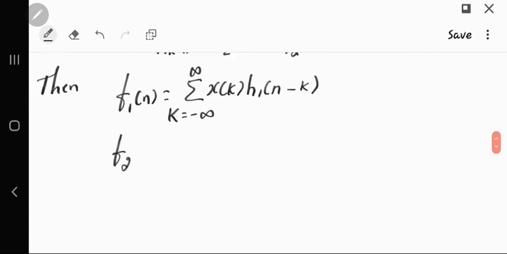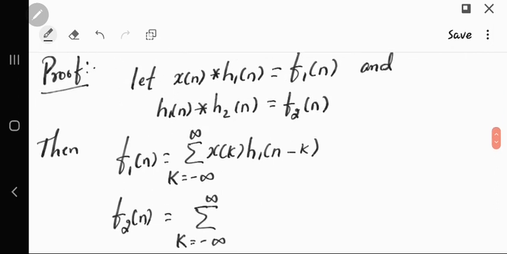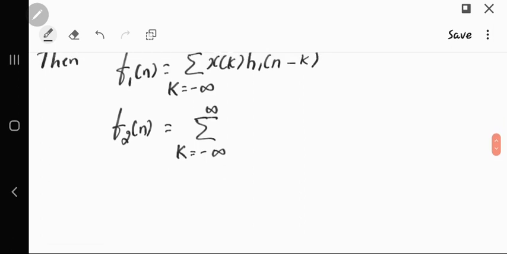Then what happens to f2 of n? So, f2 of n will be summation k is equal to minus infinity to plus infinity. Here we have h1 of n convolved with h2 of n. Since I have used x of k h1 of n minus k, I will be using a different alphabet just to make a difference between these two expressions.